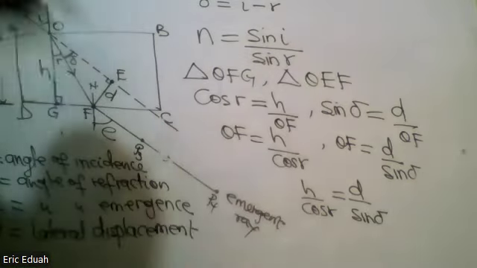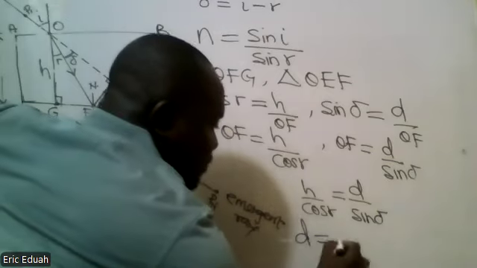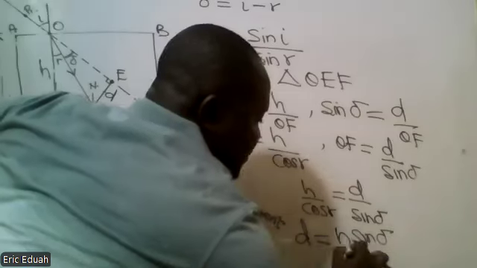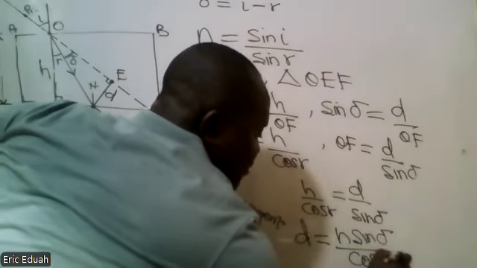From this, the displacement d is equal to h times sine of the angle of deviation divided by the cosine of the angle of refraction.